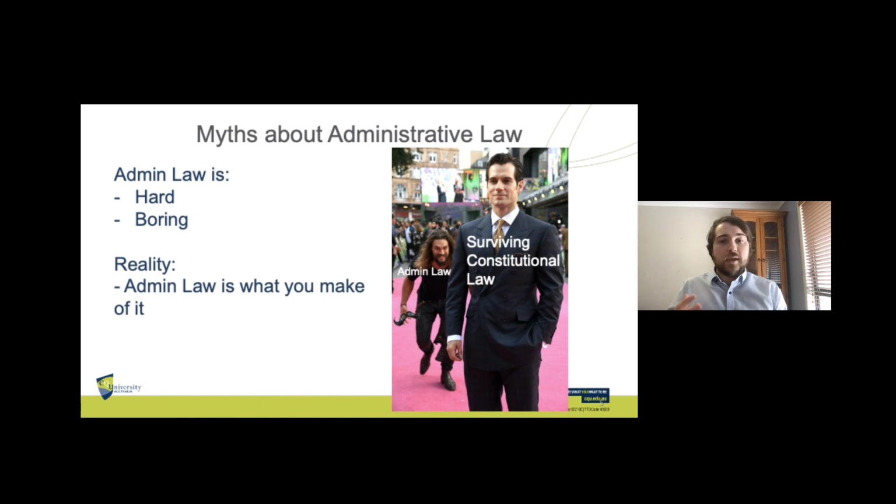If you go in to admin law embracing the complexity, then it won't be hard. It's actually quite straightforward once you embrace the details at each step along the way. So don't be scared of admin law, be excited. That's probably the message I'd try to instill in you in these early stages.